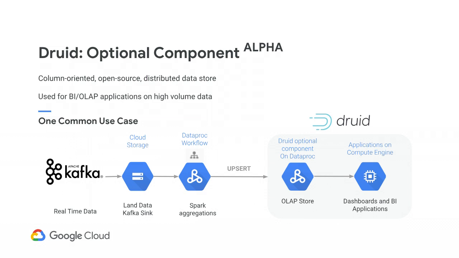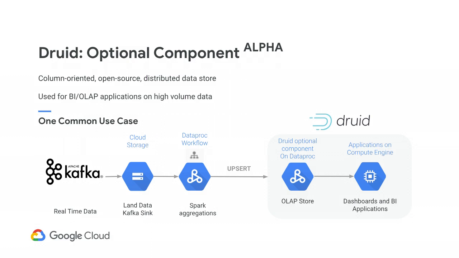And a new optional component we just put into alpha is Druid, a column-oriented open source distributed data store. You'll most often find this with OLAP applications on really high volume data. So one common use case that I keep seeing with GCP customers is they're taking something like an Apache Kafka or a Confluent incoming stream. They land all of that data into a Google Cloud Storage sink.